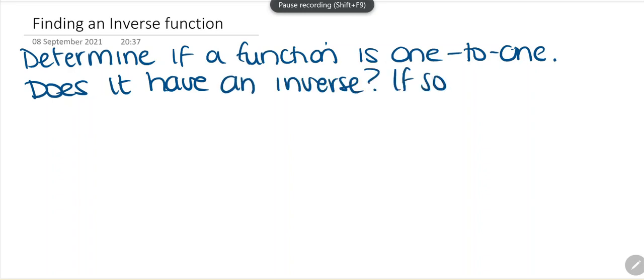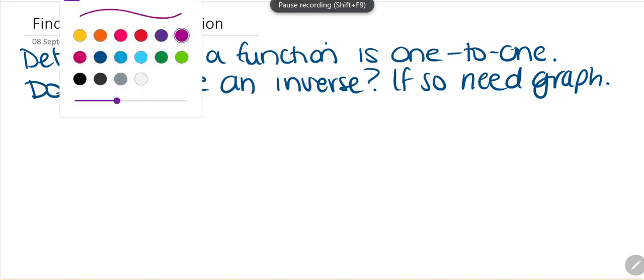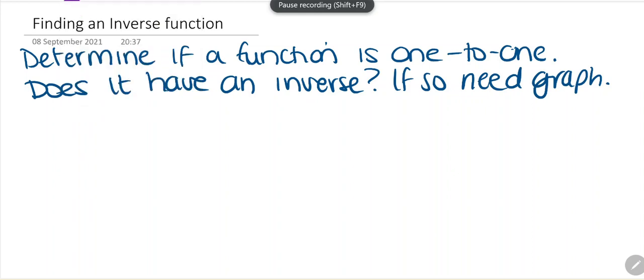If so, we need to graph. So our first question. We have f of x is equal to x to the third minus 2.